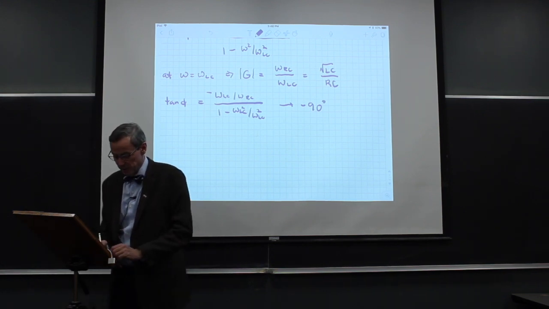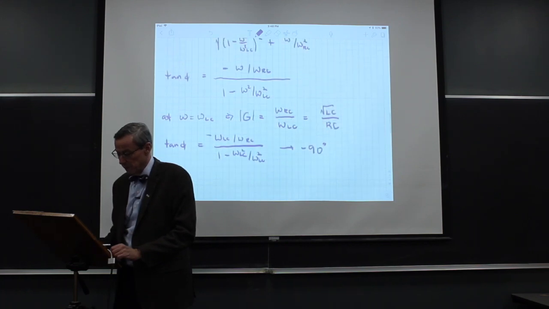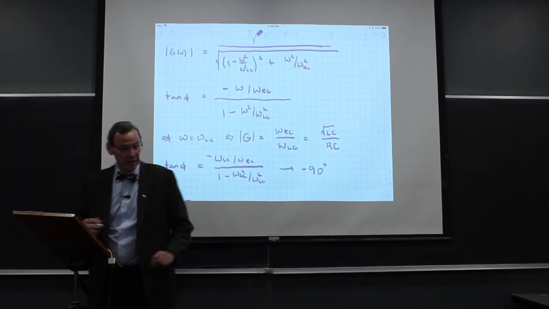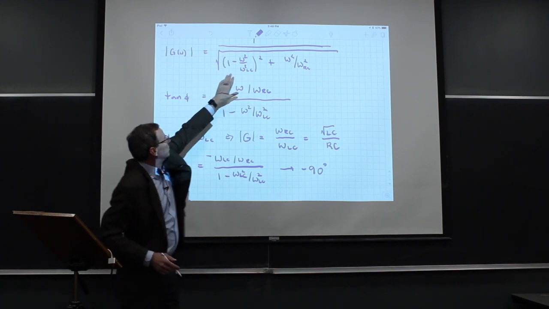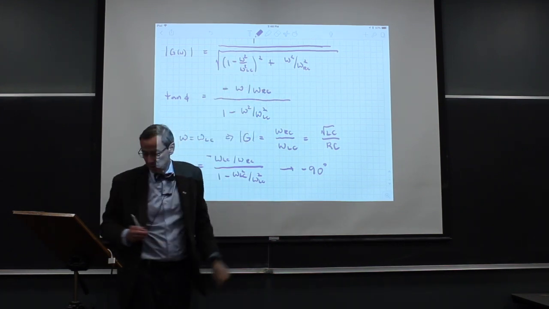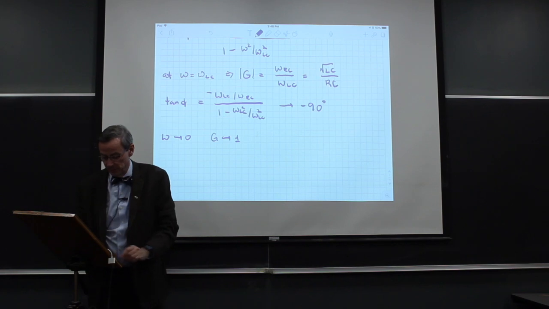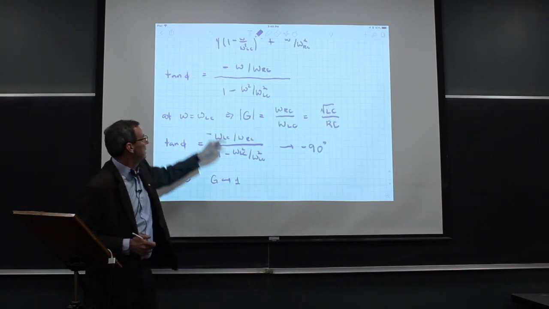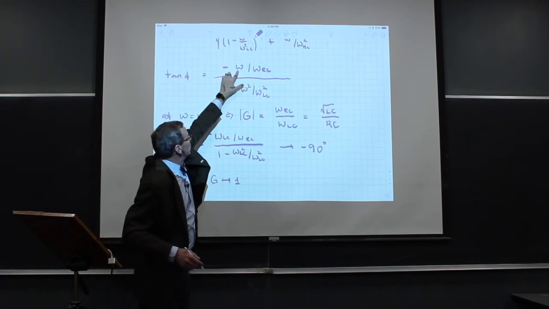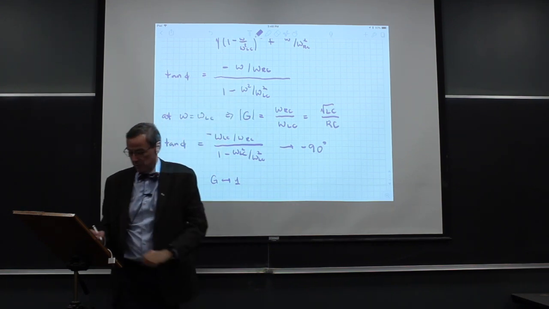Now we can look at a couple of other limits. We can take the limit as omega goes to 0. As omega goes to 0, that term goes to 0, that term goes to 0, the whole thing just goes to 1, so the gain goes to 1, like before. And the phase, as omega goes to 0, we get minus 0 over 1, so it goes to 0.